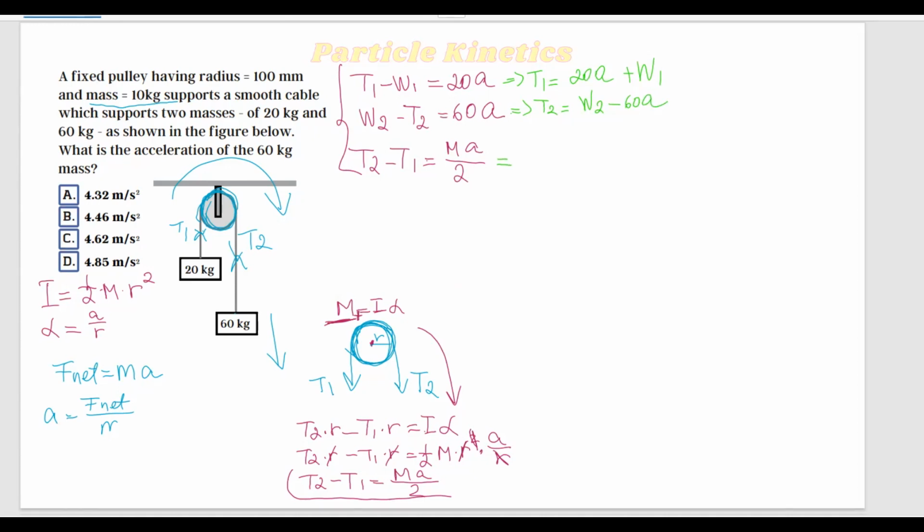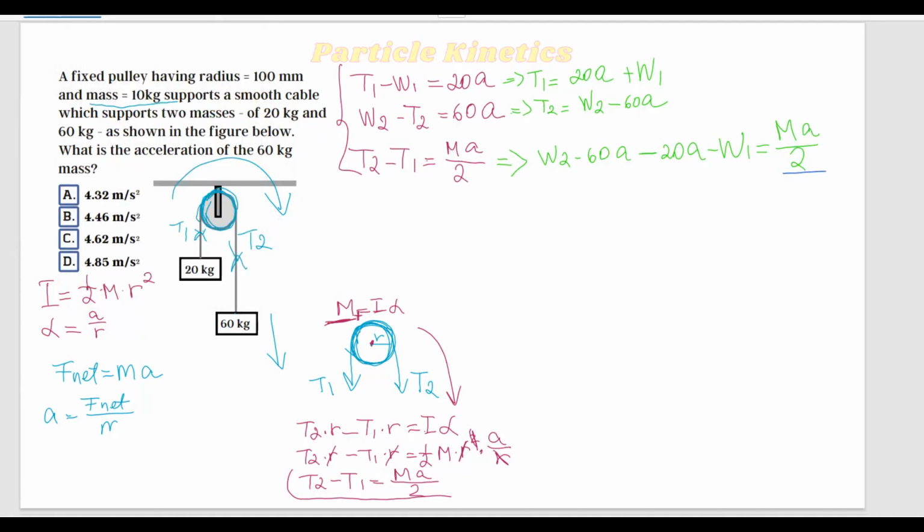And now we can substitute everything we know in this last equation. So T2 is going to be equal to W2 minus 60A, minus T1, which is 20A plus W1, equals MA over 2.